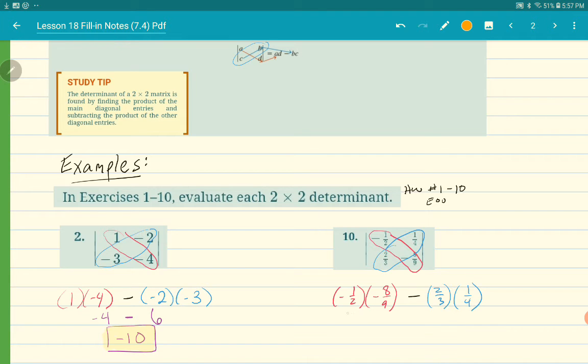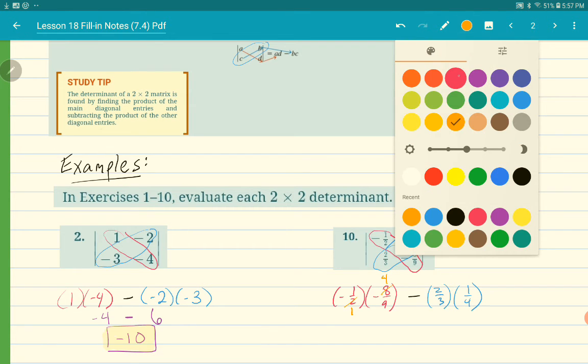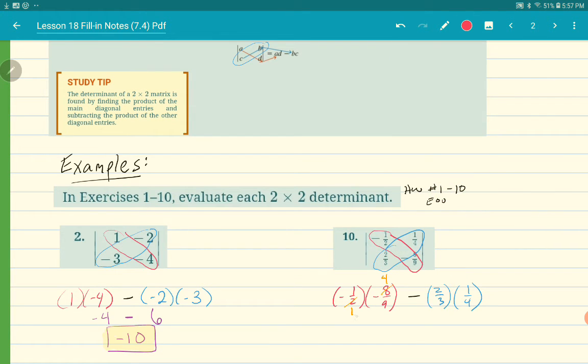Looking at my first term here, I'm going to reduce my fractions and cross cancel in order to keep my numbers as small as possible. I see the 2 and the 8 have a common factor of 2. So I can reduce that, and that's as far as I can go with that one. That gives me negative 1 times negative 4/9.